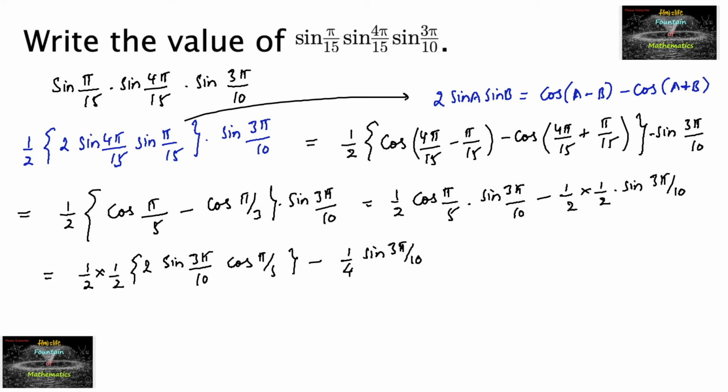And again we have a formula that 2 sin A cos B is equal to sin of (A plus B) plus sin of (A minus B).